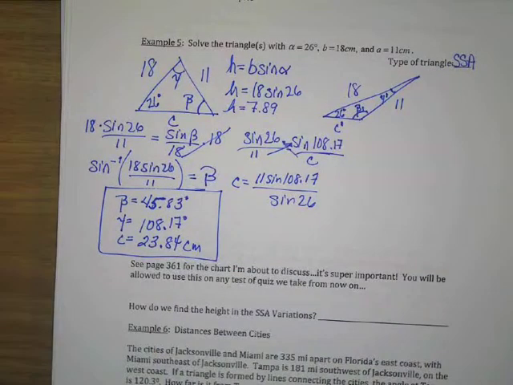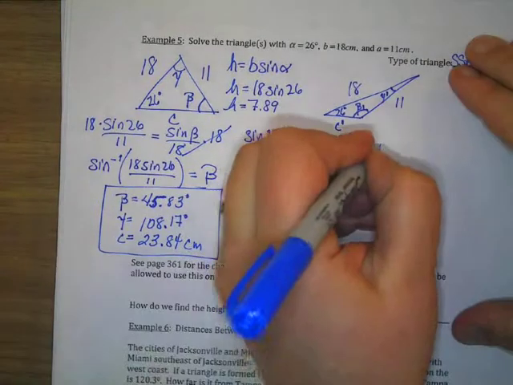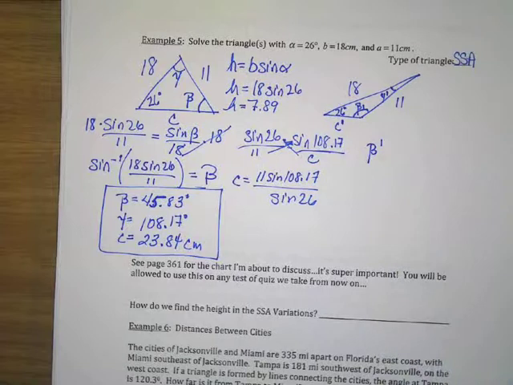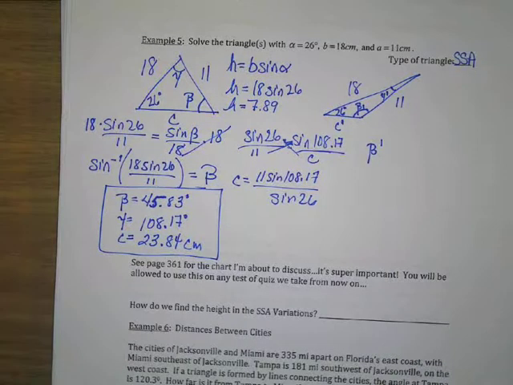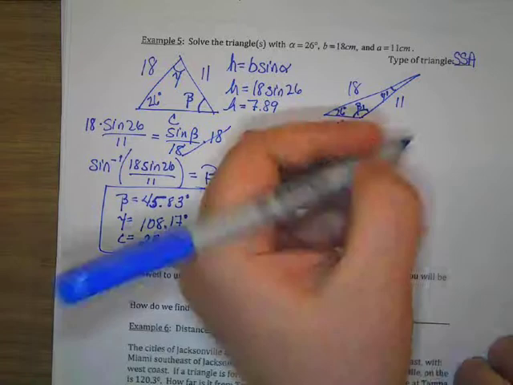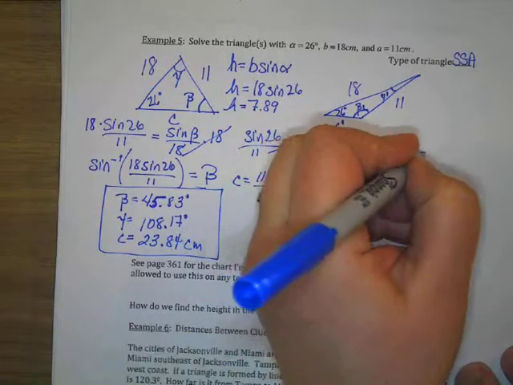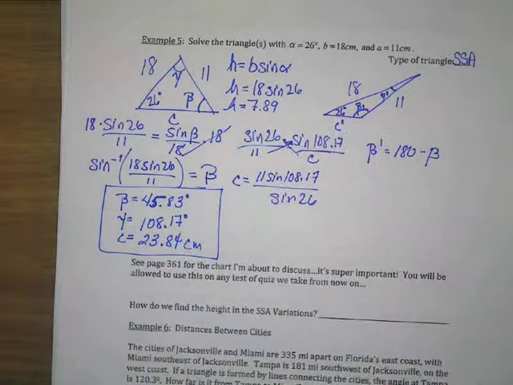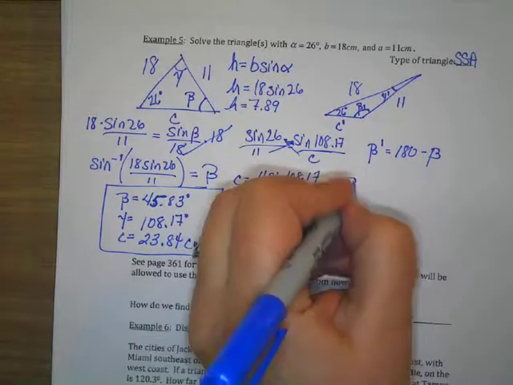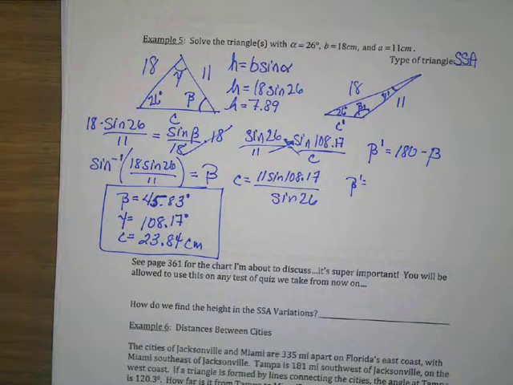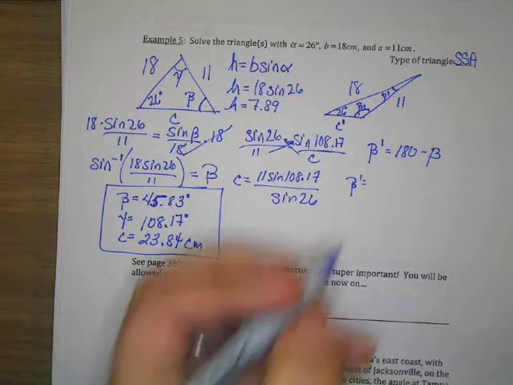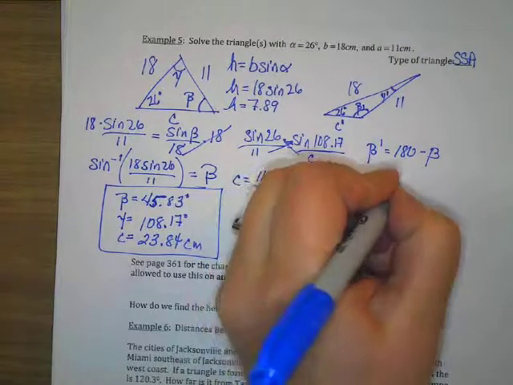The nice thing is, for the second triangle, we have to do one less law of sines. Here's why. Beta prime is the supplement of beta. So that means to get this beta, you're going to go 180 minus the beta in the first triangle. So beta prime is 180 minus 45.83, 134.17.